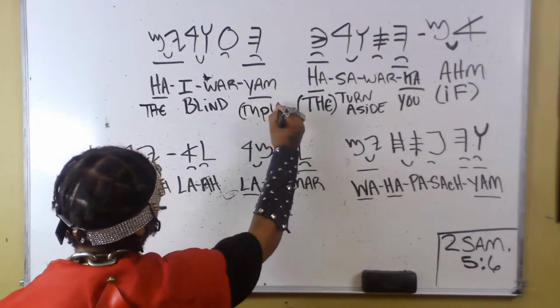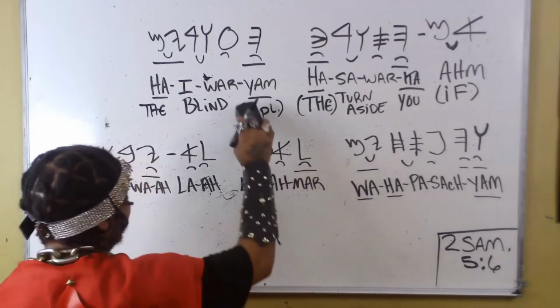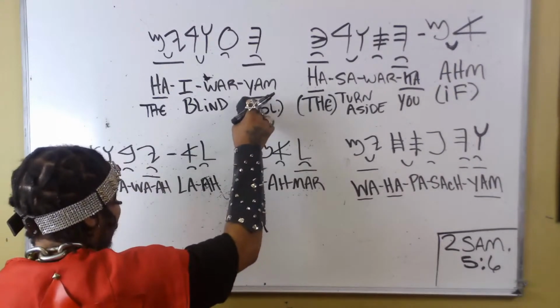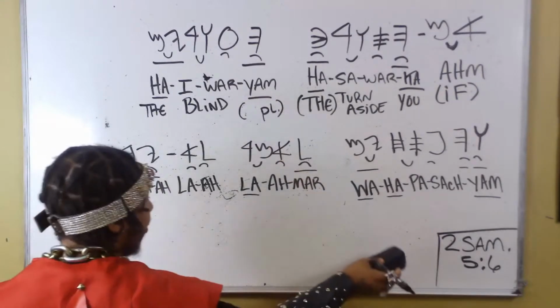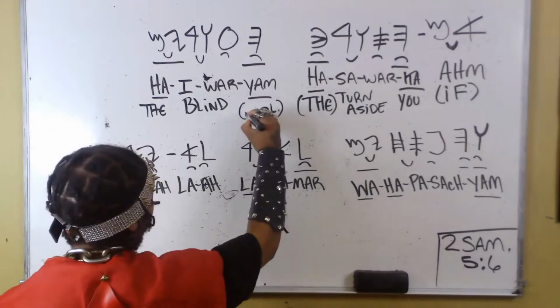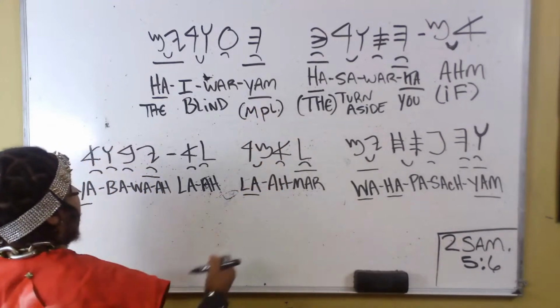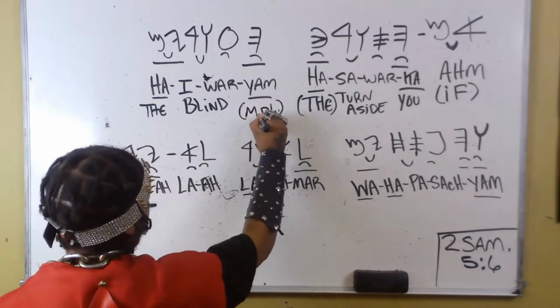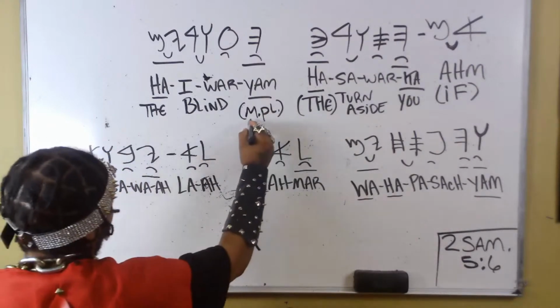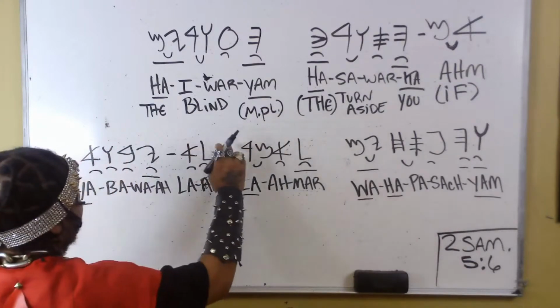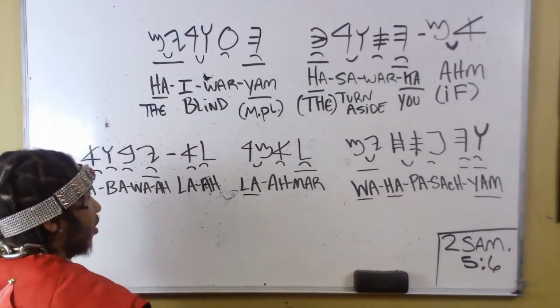I jammed up my M. M for masculine, PL for plural. All right, the blind.